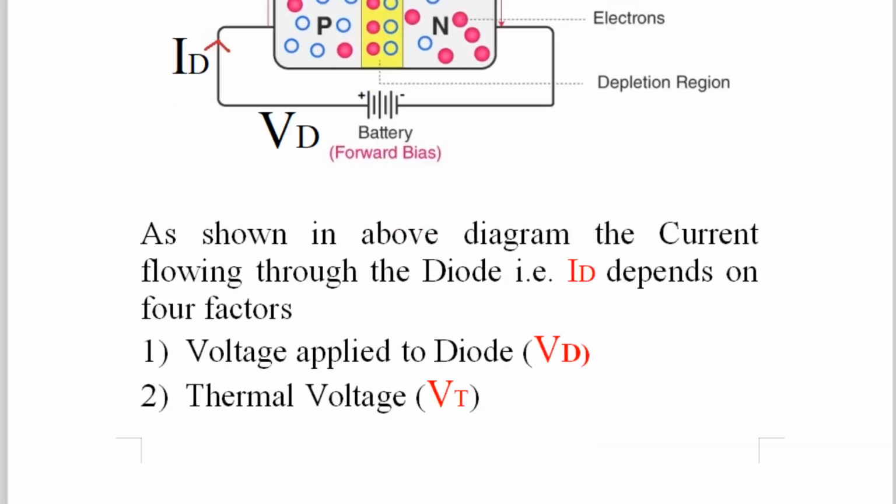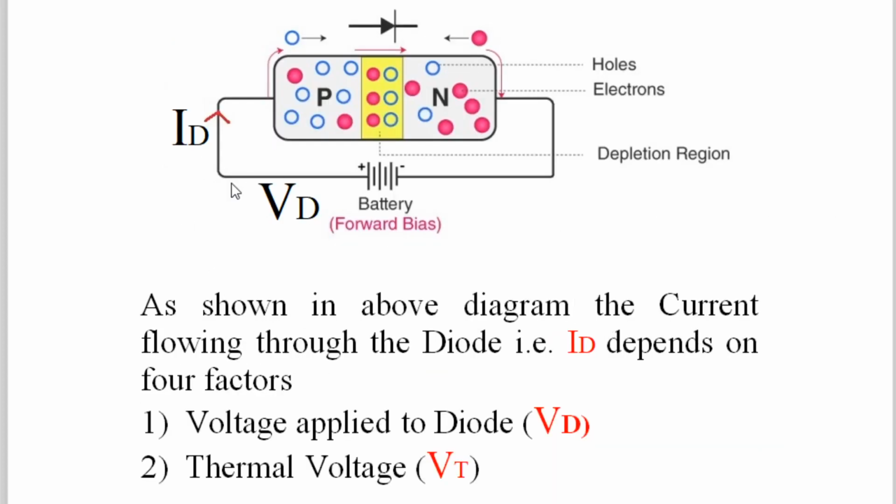As shown in this diagram, the diode current ID, the current flowing through the diode, depends on four factors. Factor number one, which is very important, is how much voltage or potential difference you are applying, that is VD. Now, as it is a semiconductor component, when you pass current through the PN junction diode, the diode will start heating.